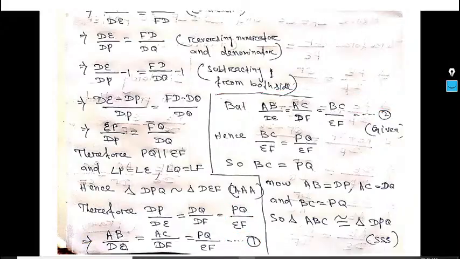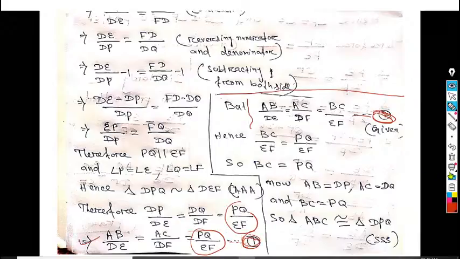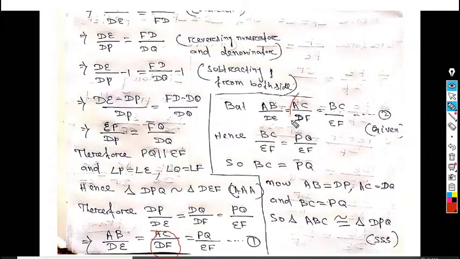Here you can see AB by DE, here also AB by DE. Here you can see AC by DF, here also AC by DF. Here we have PQ by EF, here BC by EF. That means these two are the same: BC by EF equal to PQ by EF.